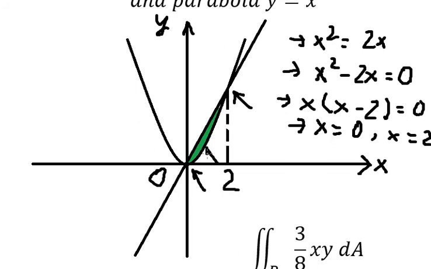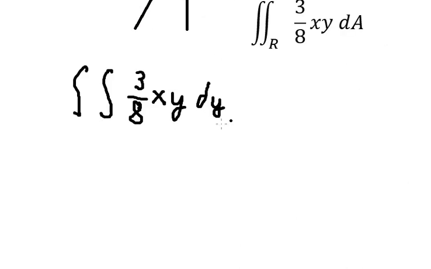So this one in here is the lower. And this one in here is the upper. So we need to put the lower bound here, and that is x squared. And the upper is 2x.